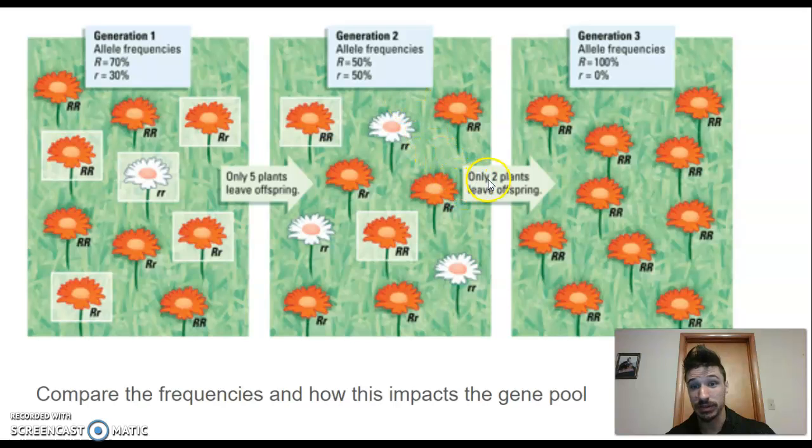And then, if only 2 plants leave offspring, now it's 100% big R, all dominant, and 0% recessive little r. You can see how this affects the gene pool, right? Because remember, these letters represent alleles. Alleles are genes, and genes are carried on chromosomes. So our gene pool has shrunk over time due to limited reproduction within this population and not branching out.